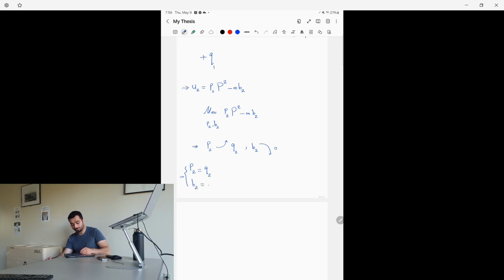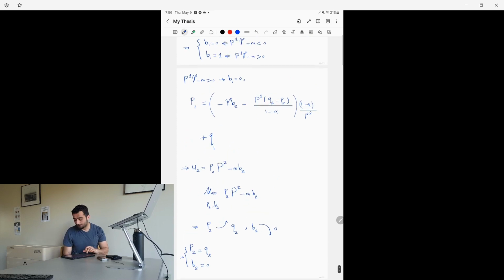B2 will be 0. Now we need to check the constraints.